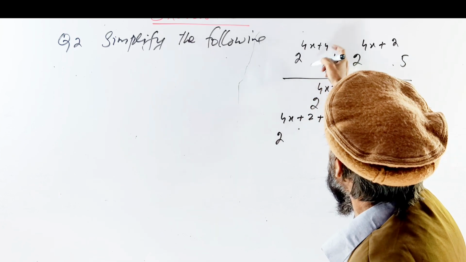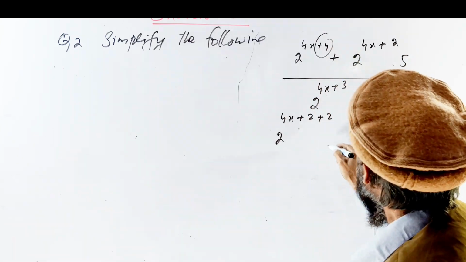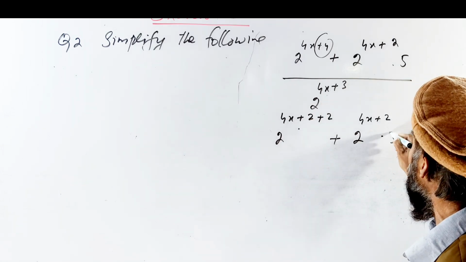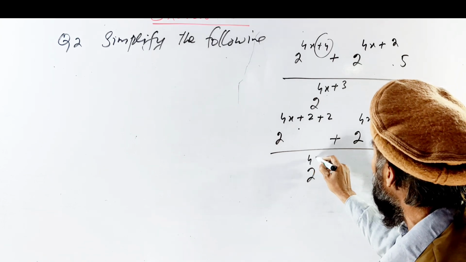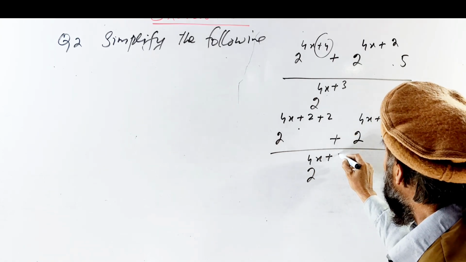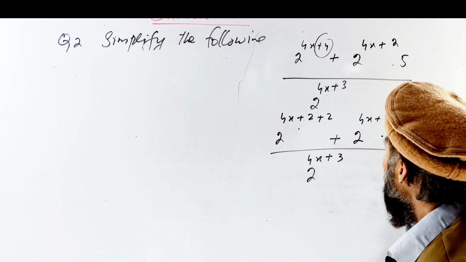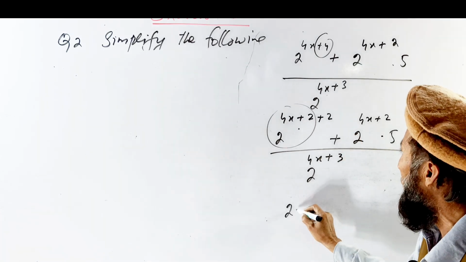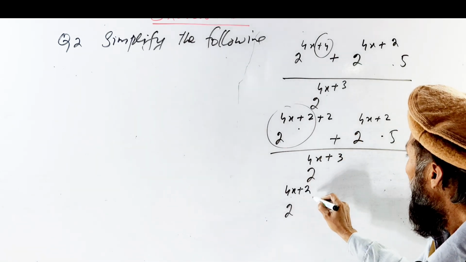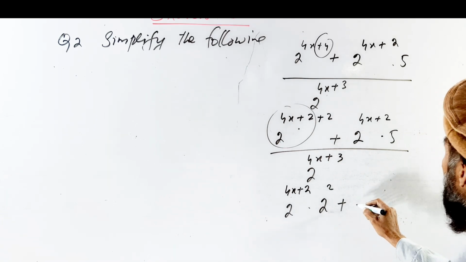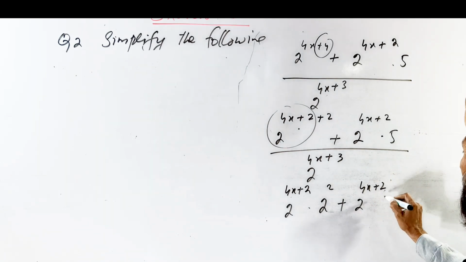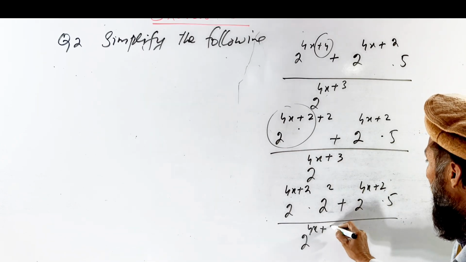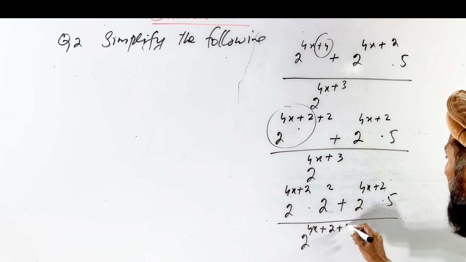This 4 is required, we can write 2 plus 2 is 4, because 4x+2 must be same, and 2^(4x+2) into 5 divided by 2 into 4x+3, and this term is taking common, so 2 power 2 is remaining. We can write 2^(4x+2) into 2 power 2 plus 2 into 4x+2 into 5 divided by 2 into 4x+2, and plus 1 we can write.